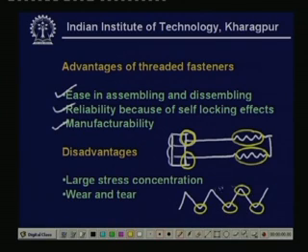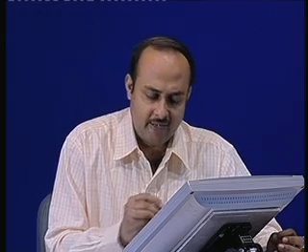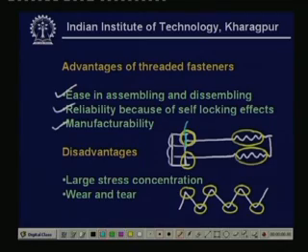So, there will be lots of stress concentrations, and that is very dangerous, because large stress will be developed and that may lead to failure. Lots of times it has been found that the failure takes place here or in the thread. All the threads will not take the same load.